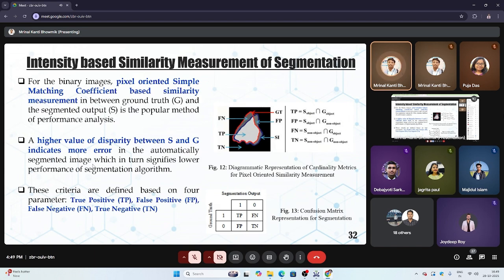For binary images, as the segmentation output is always given as black and white, a pixel-oriented simple matching coefficient based similarity measurement between the ground truth and the segmented output is the popular method for performance evaluation. A high degree of disparity between the segmented output and the ground truth indicates more error in the automatically segmented image, which in turn signifies lower performance of the segmentation algorithm.